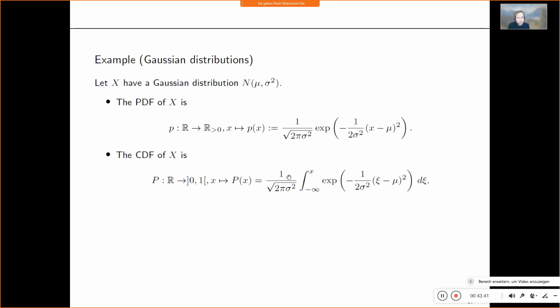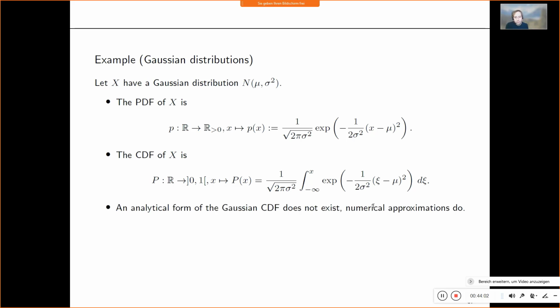So we form the integral, we can take this constant factor out, and then we have this integral. And normally you would now assume that you can form the antiderivative of this, and then use the fundamental theorem of calculus, and you get a nice formula for the CDF.